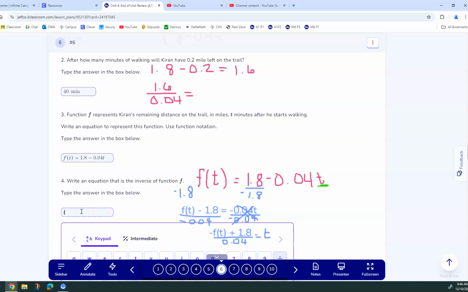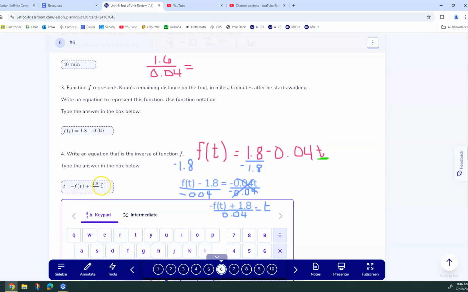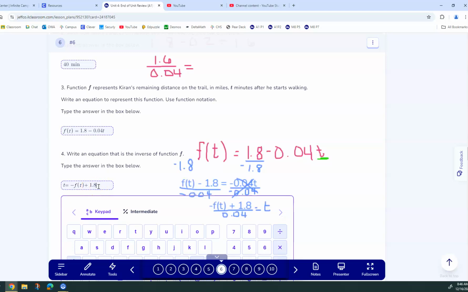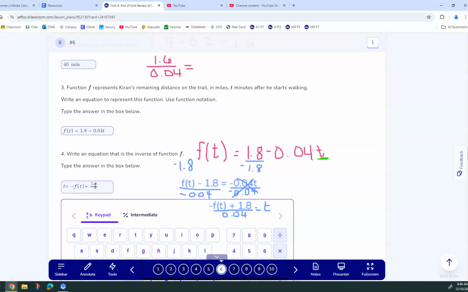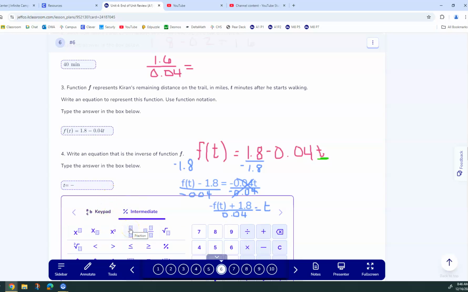And type it here. So t is equal to negative f of t plus 1.8 over, oh, it's only going to do the 1.8 over. Let me erase this and go to intermediate so that I can get my little fraction thing here.